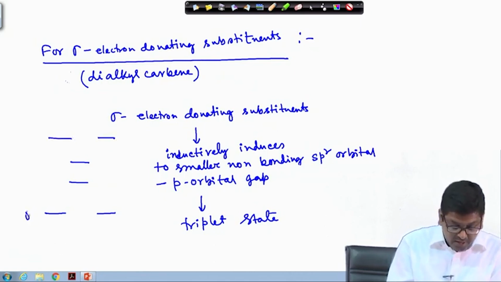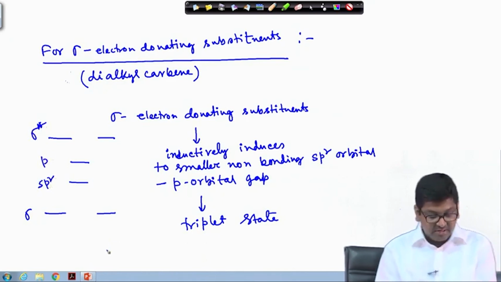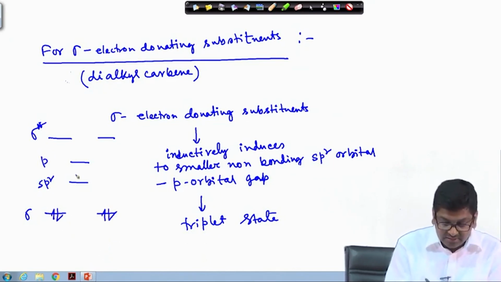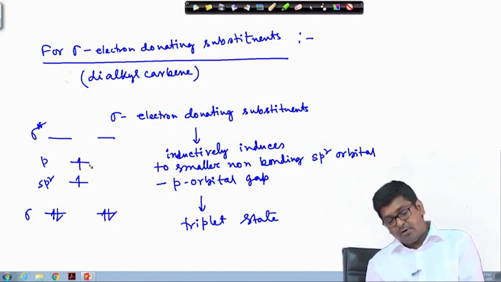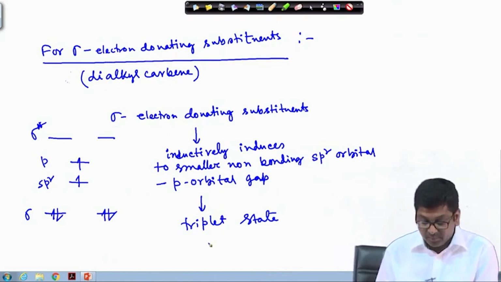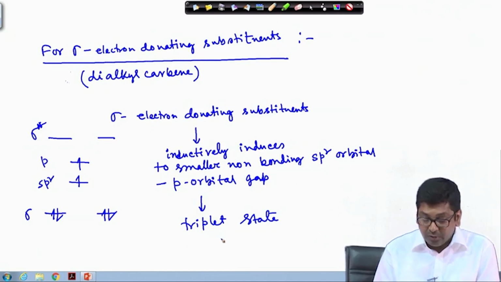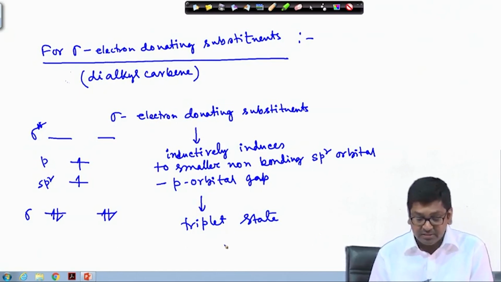For this bonding we have given the sigma, then this is sp2, then p and then sigma star. Now we filled up these electrons like this for the p orbital for the triplet. Now, what will sigma electron donating substituents do? They inductively induce a smaller gap between the non-bonding sp2 orbital and the p orbital.